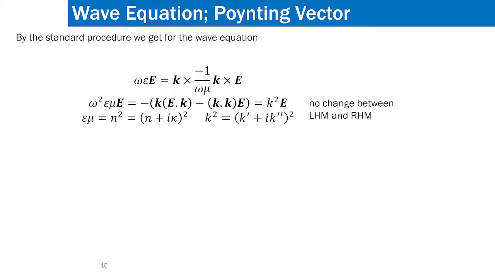Now we know E dot k is 0, because k is the wave vector and E is the electric vector. The wave vector and electric vector are orthogonal, or perpendicular, to each other, so their dot product is 0. So the first term will be 0.